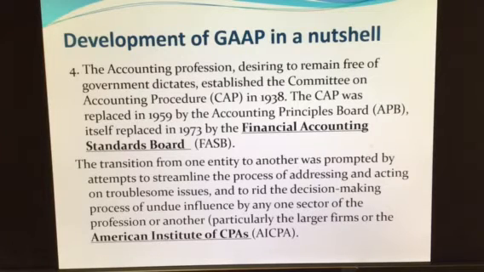The transition from one entity to another was prompted by attempts to streamline the process of addressing and acting on troublesome issues and to rid the decision-making process of undue influence by one sector of the profession or another, particularly the larger accounting firms or the American Institute of CPAs.